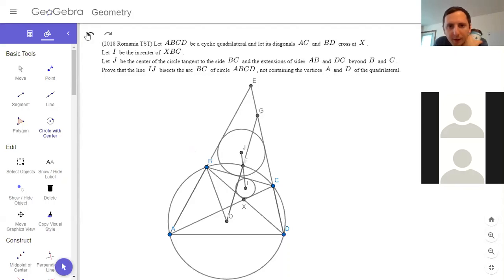Yeah, I'm not sure how much value there is in doing point G. I'm going to erase it for now. Actually, you know what? I'm going to add it back. Let's see.